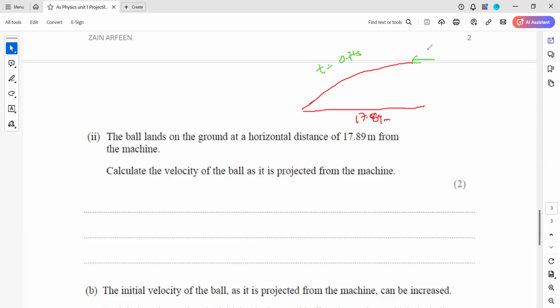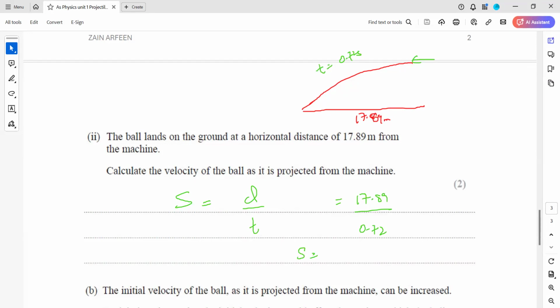We need the horizontal speed, because for horizontal speed there is no acceleration. So we'll use a formula: speed is distance divided by time. The distance it covered is 17.89 and the time it took is 0.72. So this will give us the launching speed, or the horizontal speed at which it is being launched.